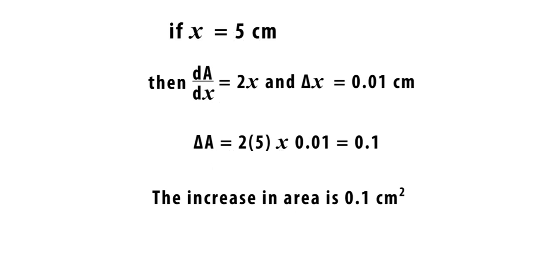If x is equal to 5 centimeters as given in the question, then dA/dx will be equal to 2x, and delta x is equal to 0.01 centimeters. So delta A is equal to 2 multiplied by 5 multiplied by 0.01, and that will give us 0.1. The increase in the area is therefore 0.1 square centimeters. Good.